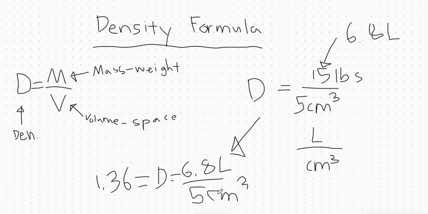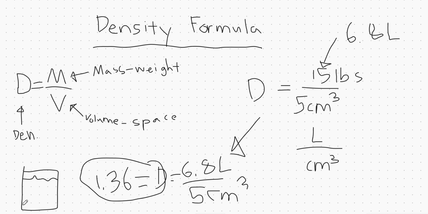So in this case, whatever our substance is, since our answer is 1.36, greater than 1, we know that since it's more dense than water, it will drop down to the bottom of water. So say this is our water. This would be our liquid or a substance, and since it's more dense than water, it drops to the bottom.